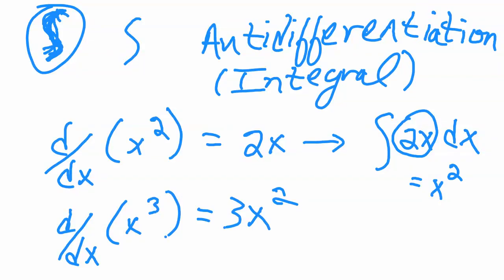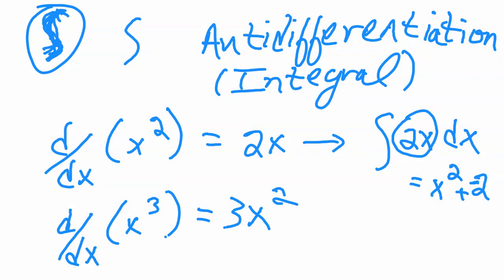But if I took the derivative of x squared plus any constant, let's just say it's 2, this would also be an antiderivative because the derivative of x squared plus 2 is also 2x. If I had a negative number in there, x squared minus 2, and I took that derivative, I'm still getting 2x.